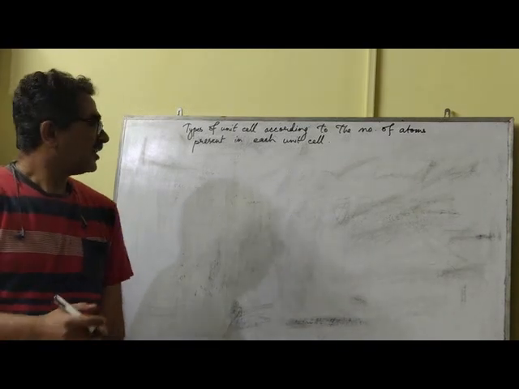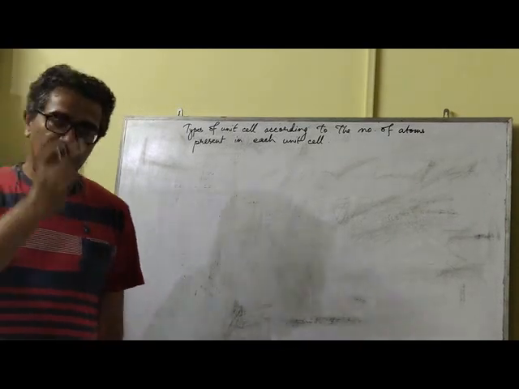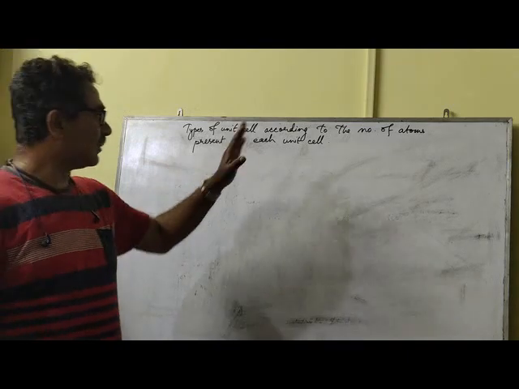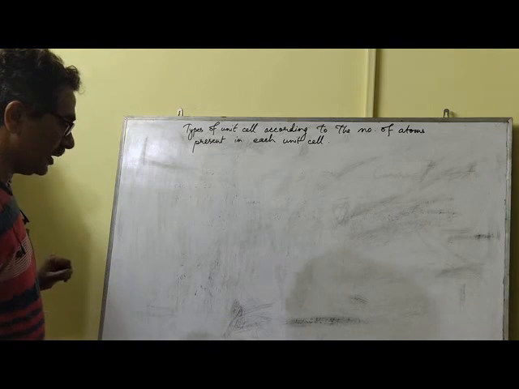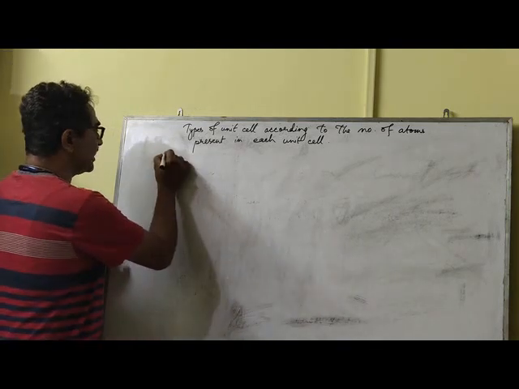So we are going to learn how to categorize the unit cells according to the number of atoms present in each of the unit cells.